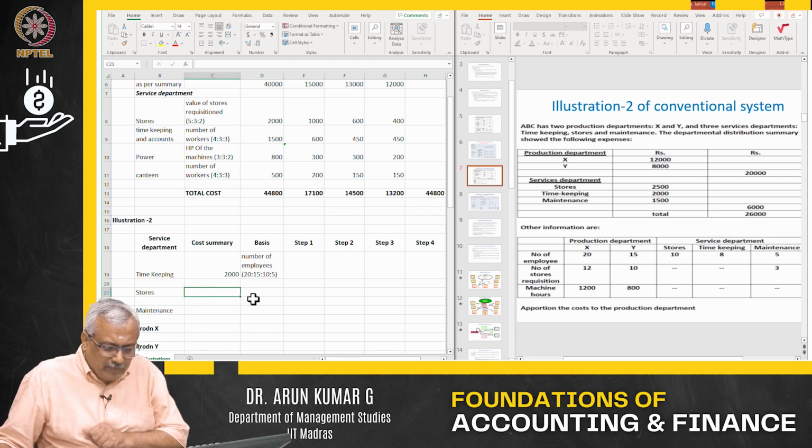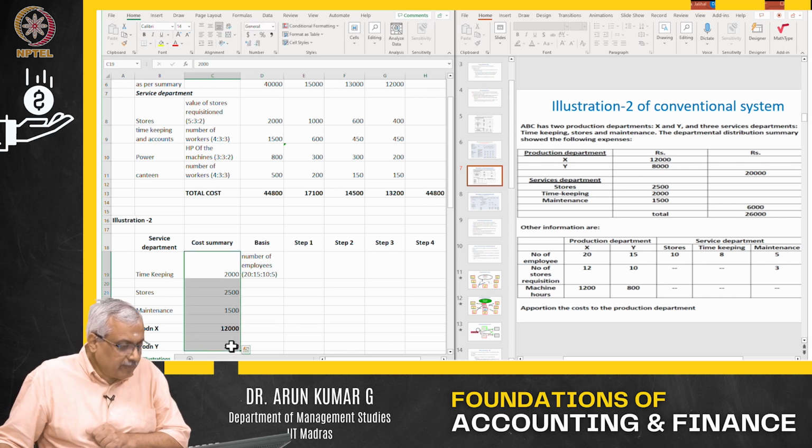The stores department has a cost of about 2500, the maintenance department has a cost of 1500, the production department X has a cost of about 12,000, and the production department Y has a cost of about 8,000 in this case. I am just going to center all these numbers so that it is easier.